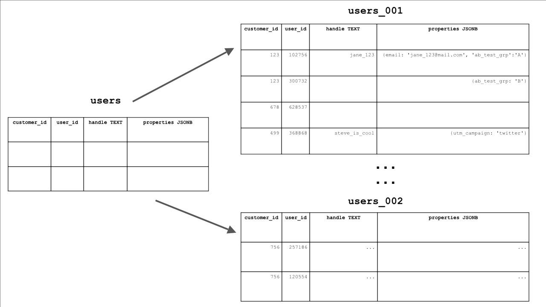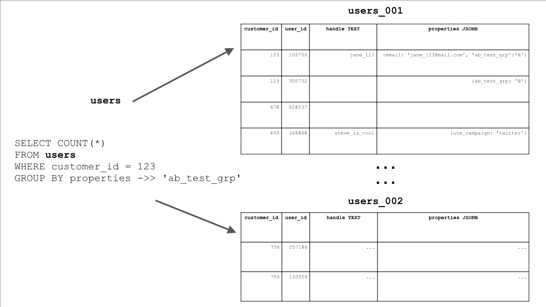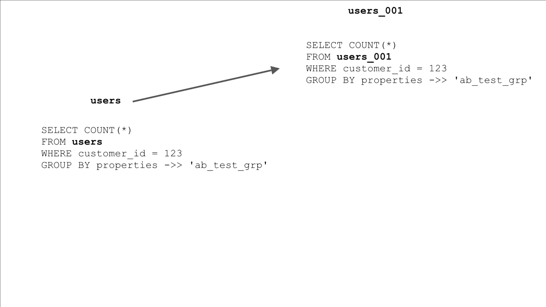So when we want to run a query on this, like get the number of users and group it by the A/B test variant that they saw, Citus is smart, and it knows that it doesn't need to run this subquery on the second table, because there can be no users on that table that have customer ID 123. So it'll run the one subquery we need, and that subquery is just a vanilla regular Postgres query. Then it'll reassemble the results and give us the result. So from the perspective of a client, we're just running a regular Postgres query. In fact, it's wire compatible for the queries that are allowed.